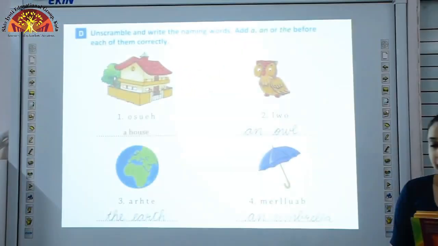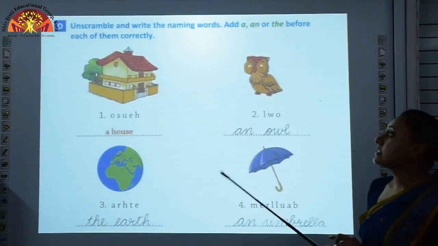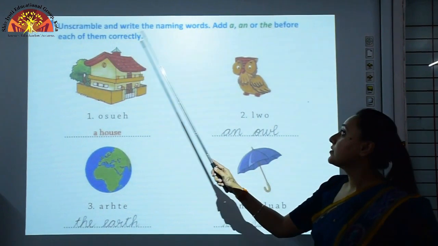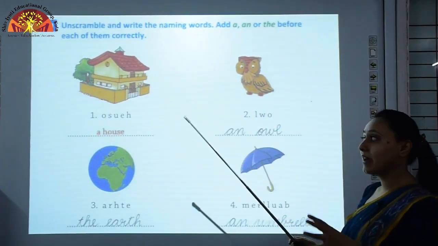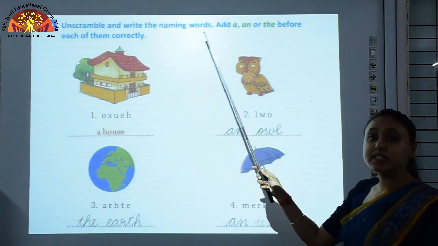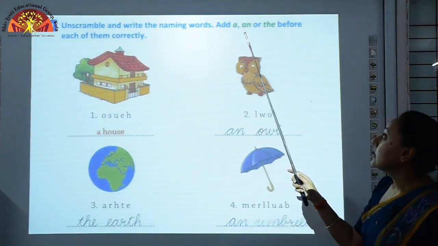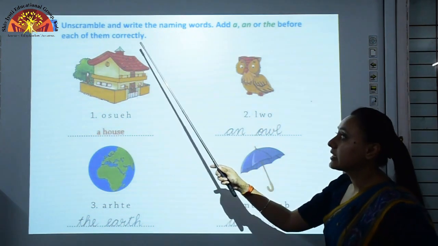Now we move to question D. Question D is: unscramble and write the naming words. So children, some letters are given to you, you have to unscramble them and write the correct naming words. Add a, an or the before each of them correctly.